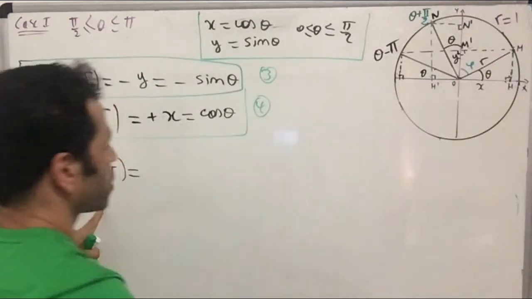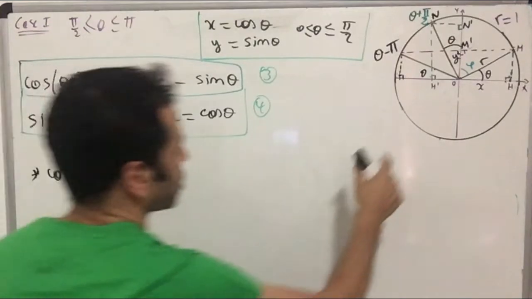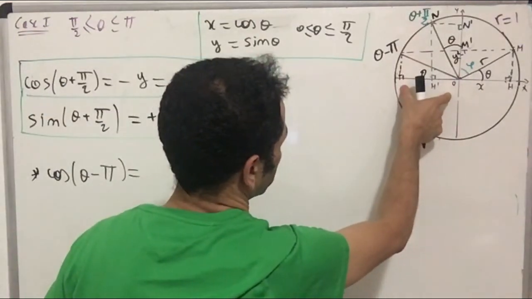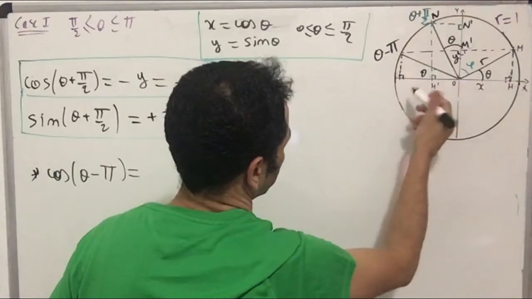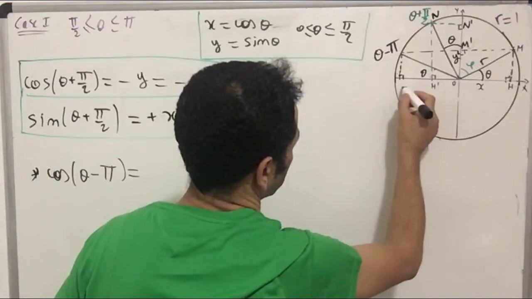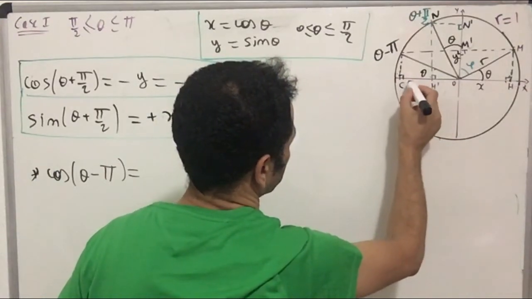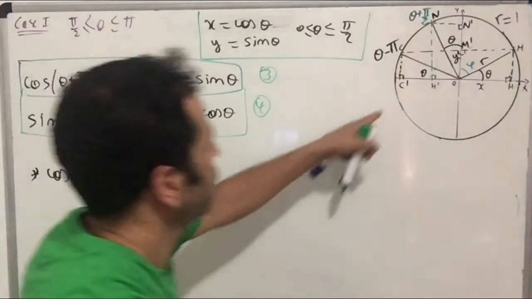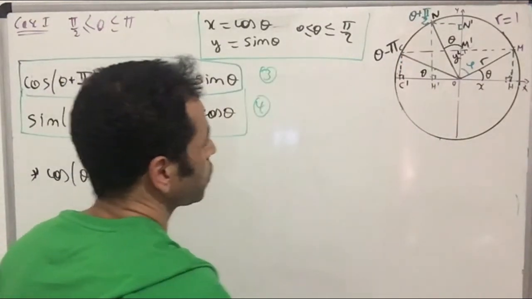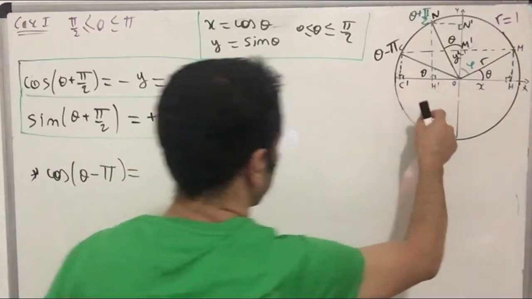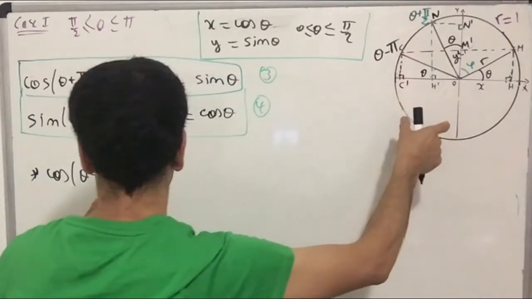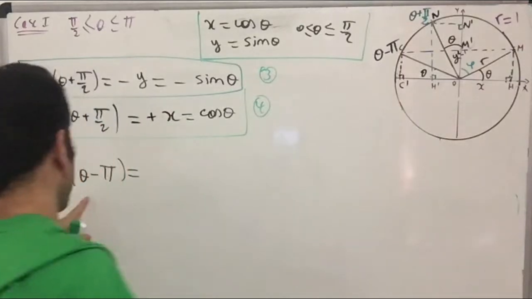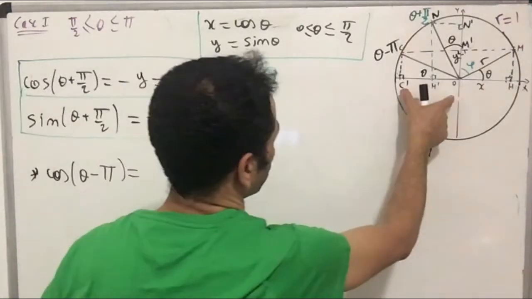So cosine of theta minus pi equals this distance. It represents cosine. I'm looking for this distance; let's call it c prime, because we have a projection.